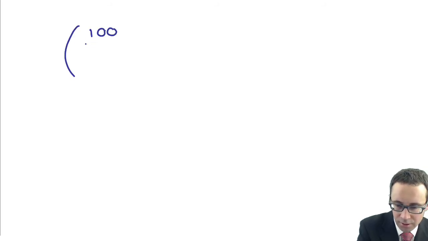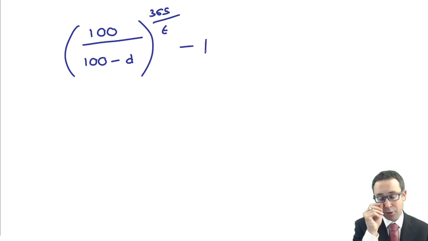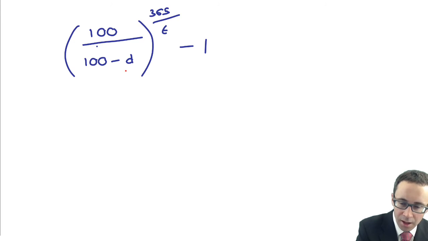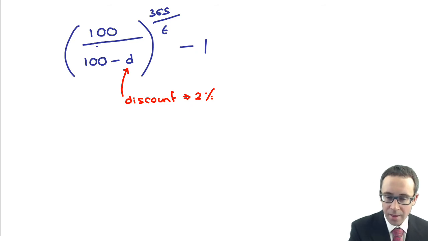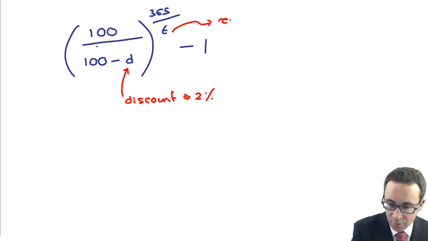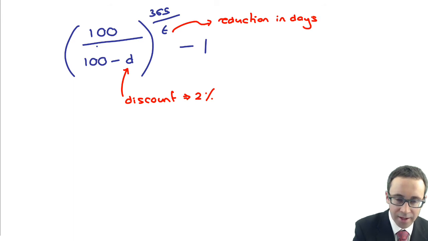That formula is 100 over 100 less D, to the power of 365 over T, subtract 1, whereby D is the discount, so in our example 2%, and T is the reduction in days.